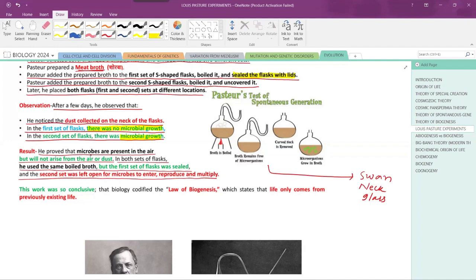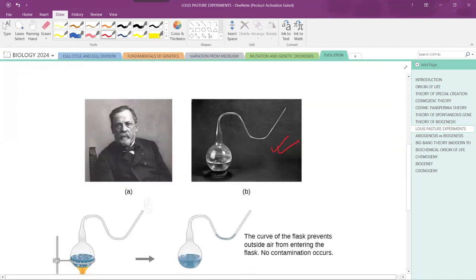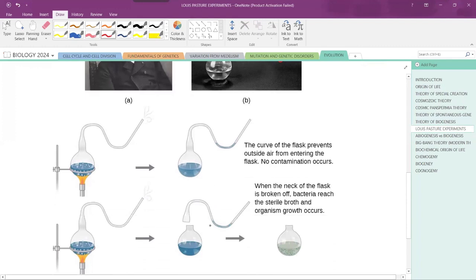Because of the open jar, he observed microbial growth in the neck of the jar, because microbes are present in the air.